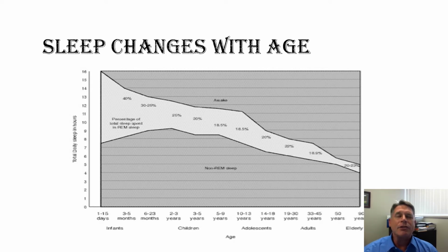What is happening is that as kids get older, as people get older, they require less sleep. And as they get older, less and less of their sleep is REM, so that even in later years, they don't require as much REM sleep. But REM is very, very important in the early time. That's why newborns and infants and later toddlers need their sleep. A lot of the brain develops during that time.